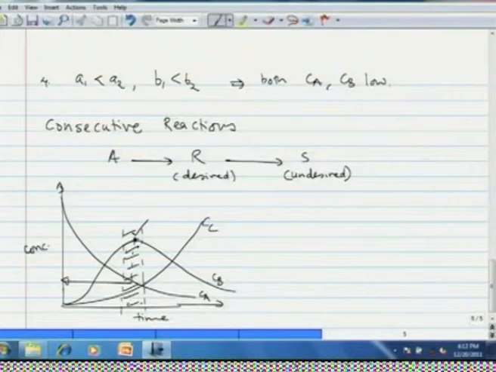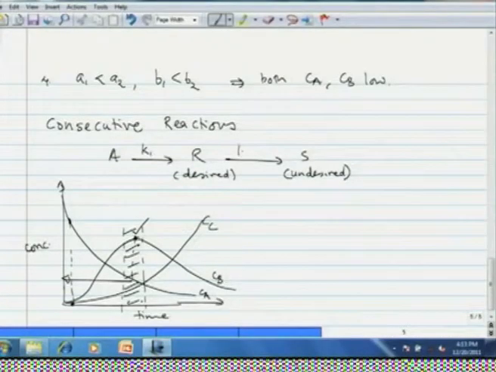Therefore, although the point of maximum yield may be this, the point of optimum operation could be at much lower conversion, which would suppress the formation of the undesired product. Now, in this case, of course, we are going to have a large recycle flow, but that is still affordable compared to the loss of reactant to the waste product.